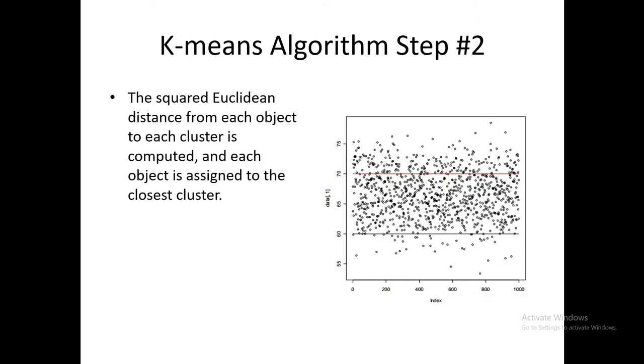Then the squared Euclidean distance from each object to each cluster is computed, and each object is assigned to the closest cluster. We estimate the distance from each object to the means, and we assign each object to its closest mean.